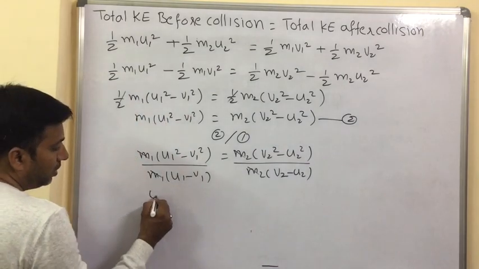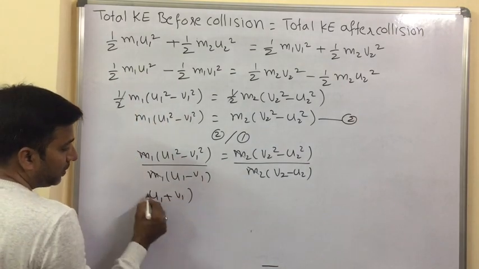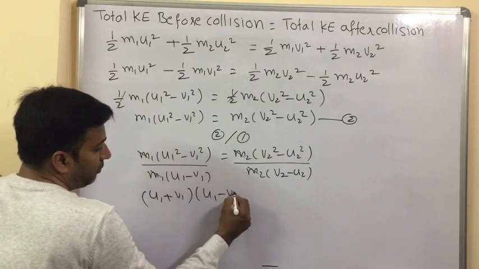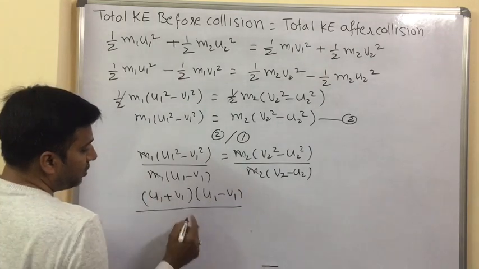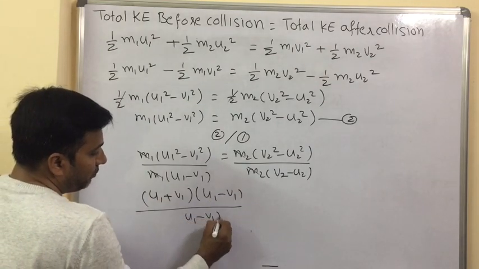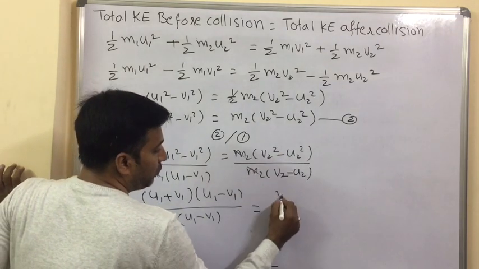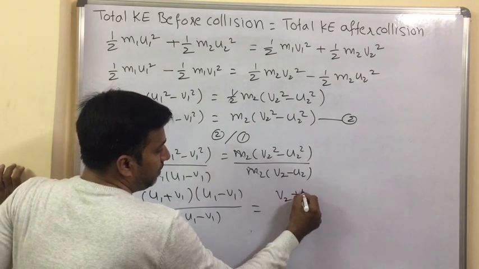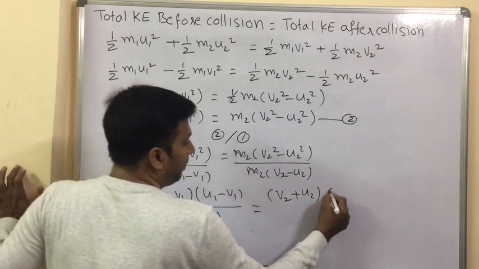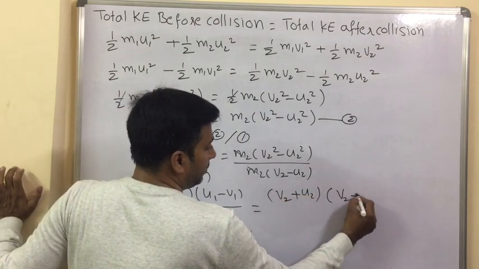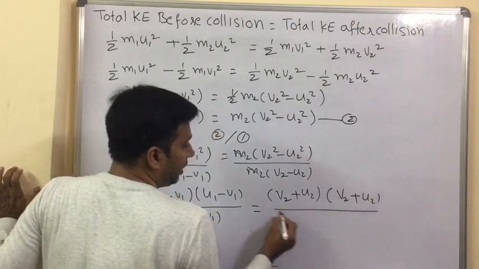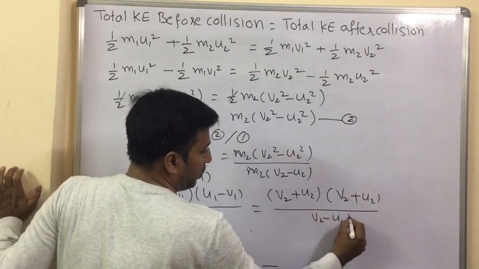Therefore (u1 + v1)(u1 − v1), divided by this term as it is, u1 − v1, equal to a² − b². So we write (a + b)(a − b) divided by v2 − u2.